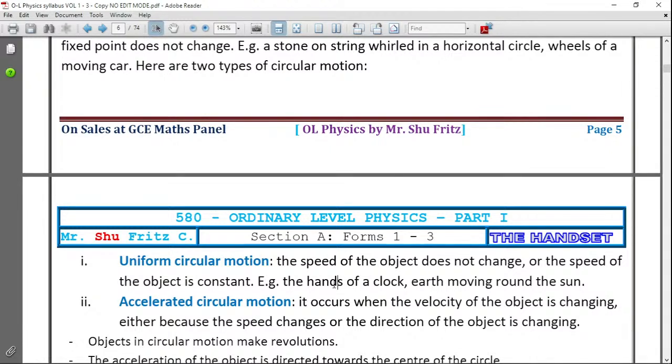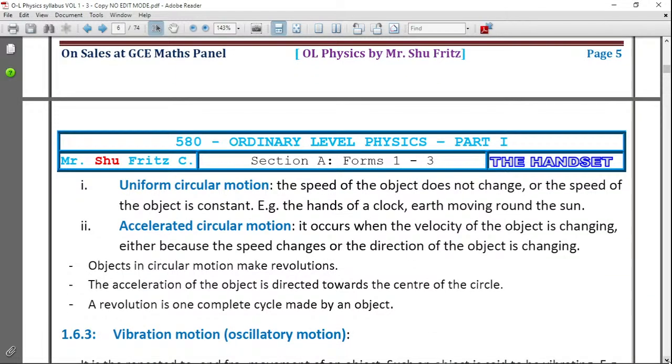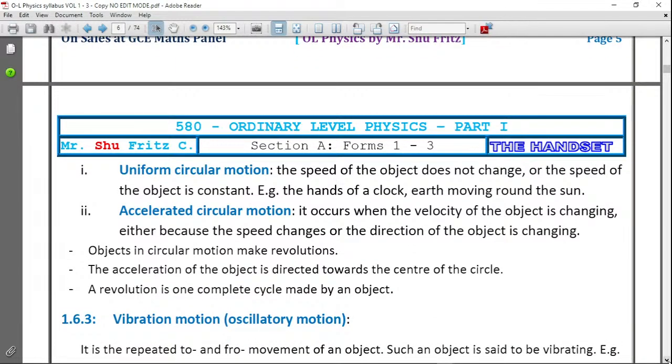Equally, the earth moving around the sun is undergoing uniform circular motion, though we know that the orbits are not actually circular, they are elliptical, but in calculations you can approximate them to circular motion. And then accelerated circular motion occurs when the velocity of the object is changing, either because the speed changes or the direction of the object is changing.